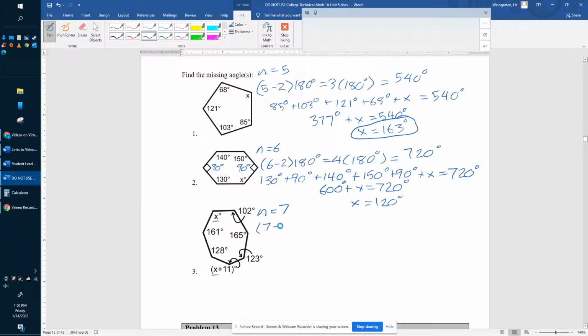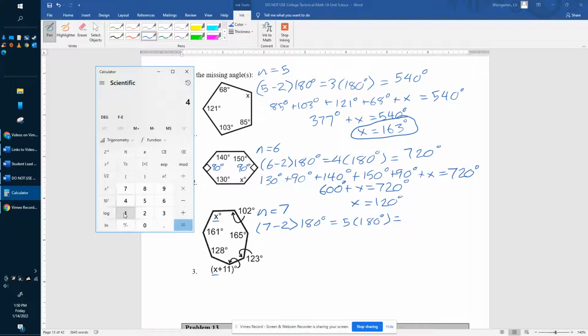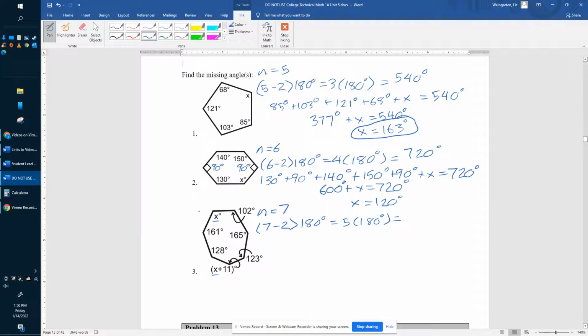We're going to have 7 minus 2 times 180, which is 5 times 180, which is 900. 900 degrees inside this heptagon.